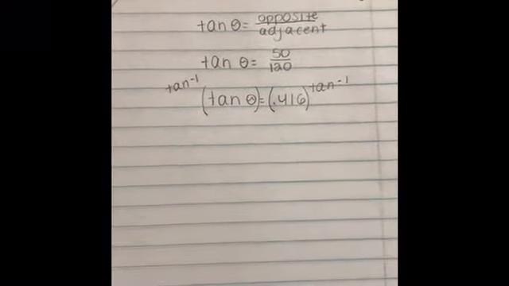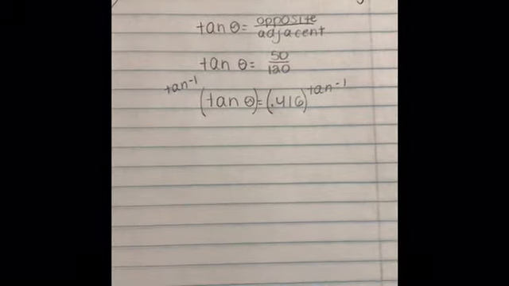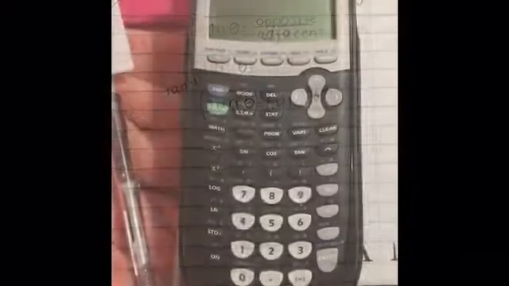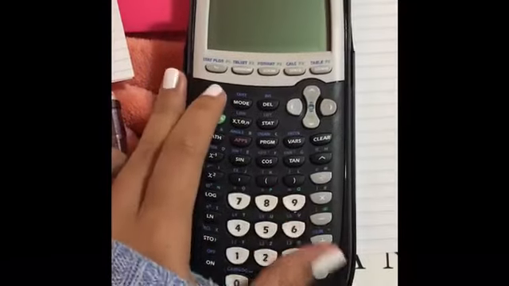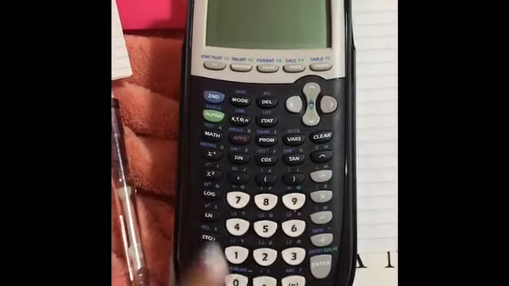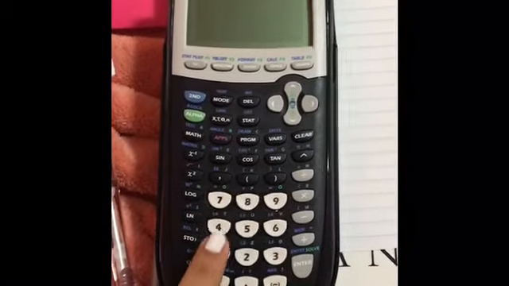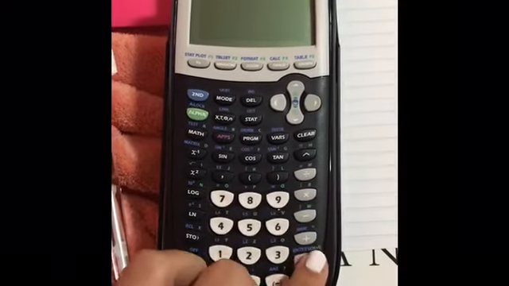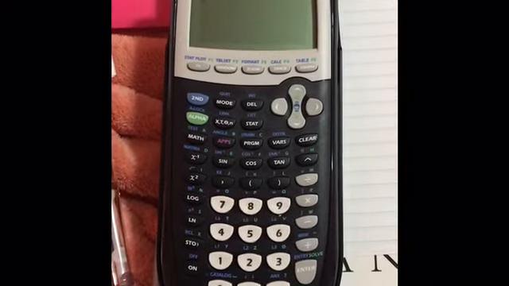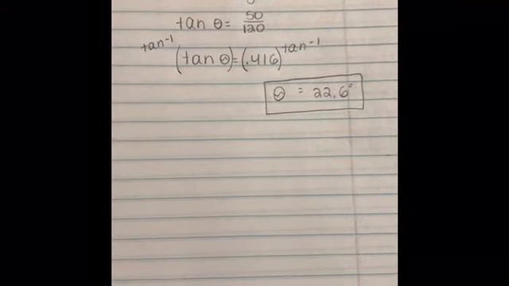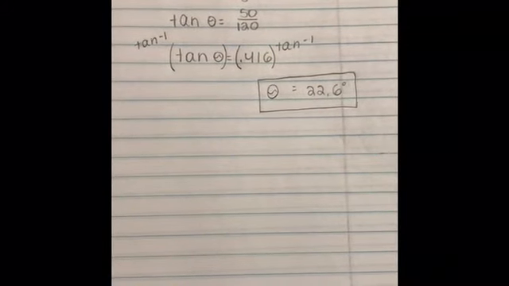From here, you take the inverse of both sides using the calculator. To do this, you would click second tangent and then plug in the 0.416. This gives you 22.6. Now we know that the angle at which the swimmer travels is 22.6 degrees.